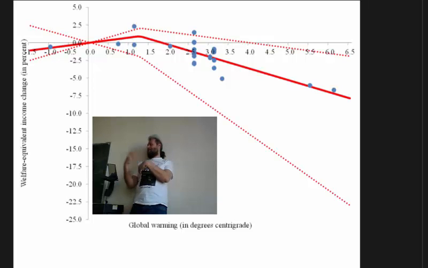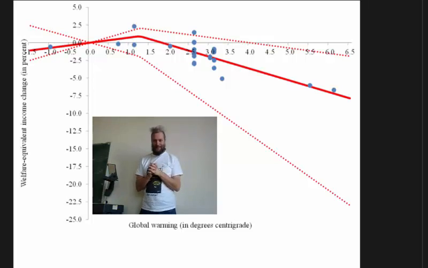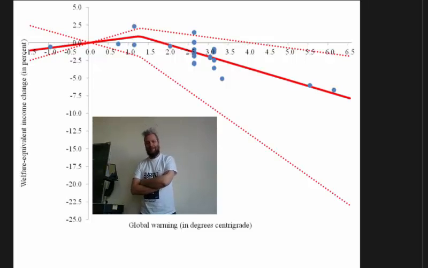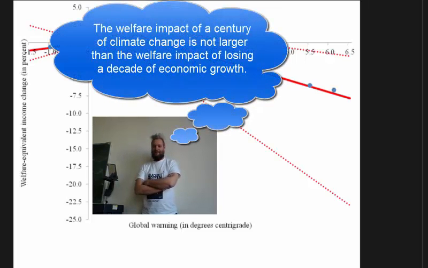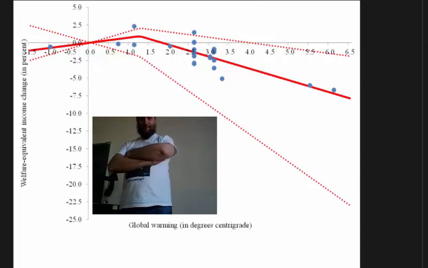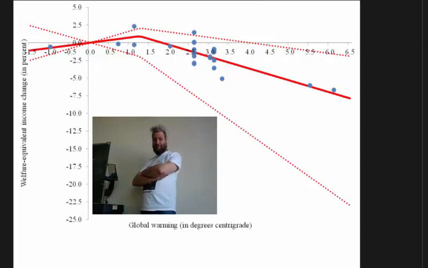There's no causal chain of events that would lead you to that conclusion, I don't think. So that means the downside risks are much larger than the upside risks, and that is exactly what you see depicted here. If you start taking these things into account, then perhaps a century worth of climate change is equivalent to losing a decade of economic growth, rather than a year, as I suggested previously, and as suggested by the media.